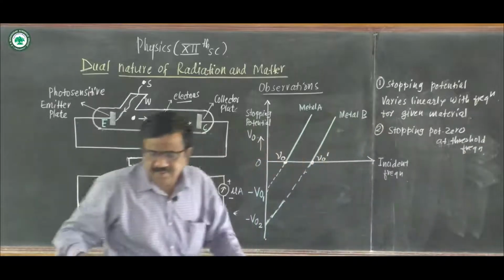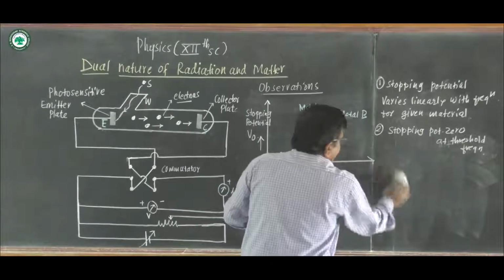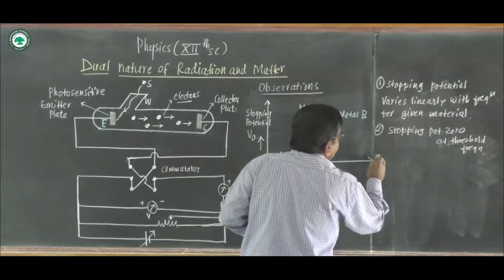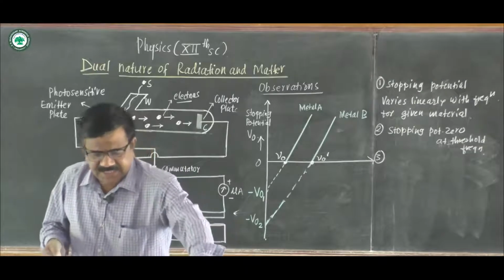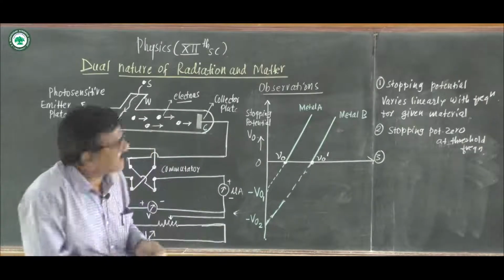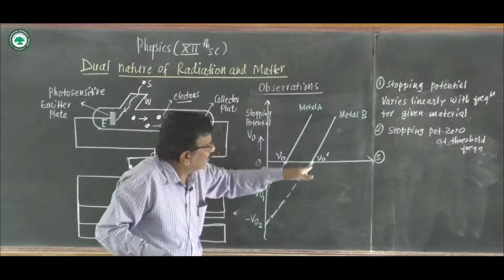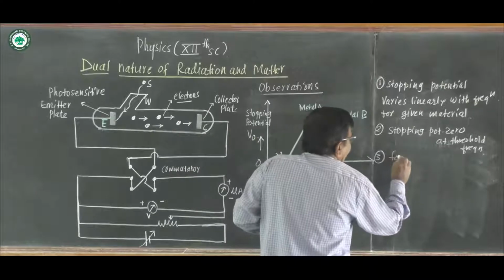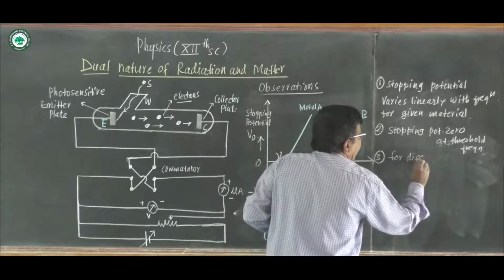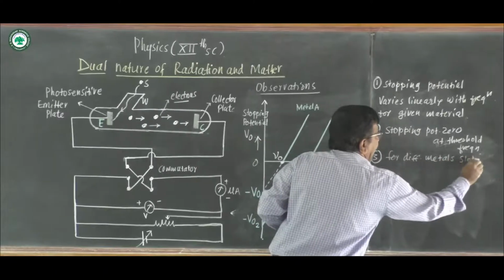And then our third main conclusion is that for different metals the slope of the straight lines is the same.